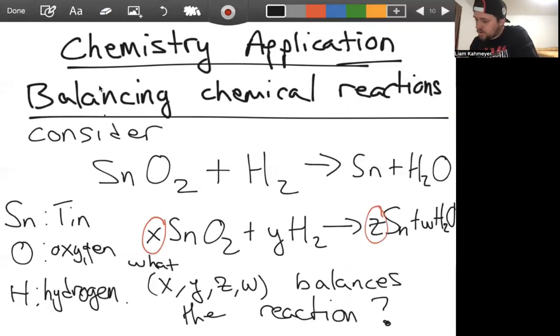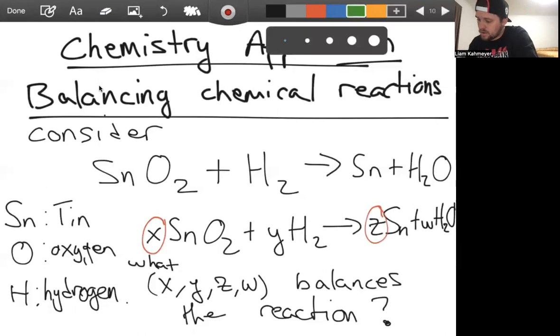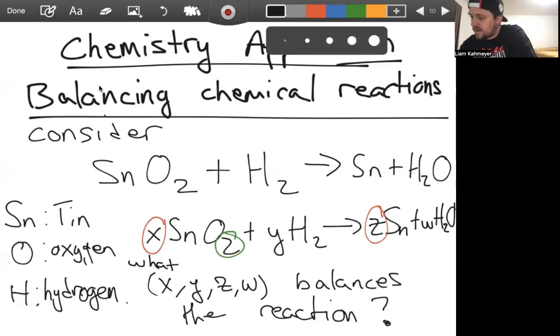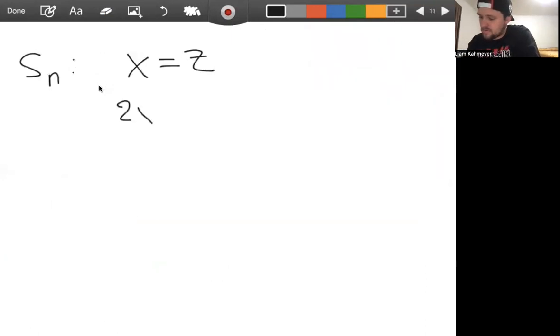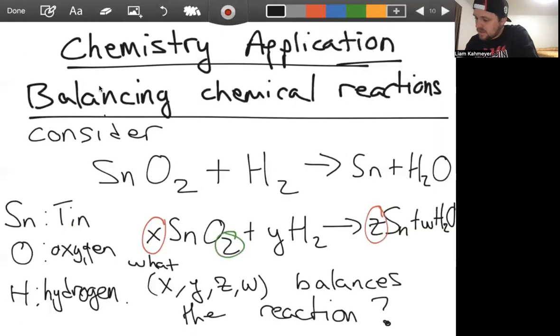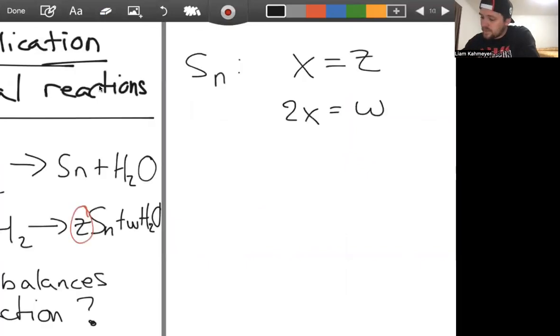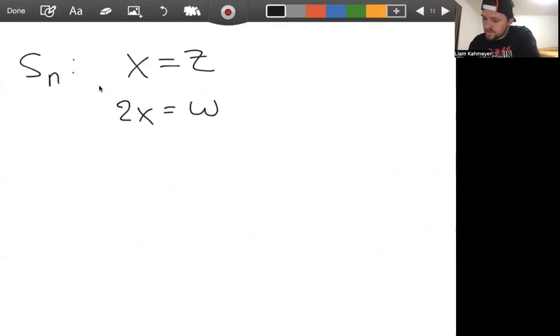What about for oxygen? For oxygen, there are two oxygens on the left, so we would have 2x equals, and then on the right, we only have one. So we need that 2x equals W. So that was for oxygen.